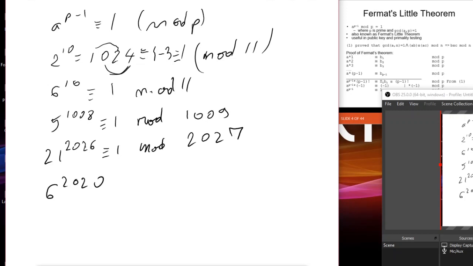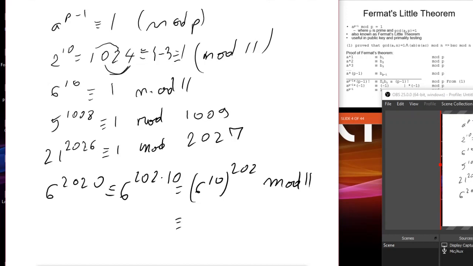We can notice that 6 to the power 2020 mod 11 is congruent with 6 to the power 202 times 10, which is equal to 6 to the power 10, everything to the power 202. First, the 6 to the power 10, we have seen that it is congruent to 1, so this is congruent to 1 to the power 202, which will be congruent with 1 mod 11.